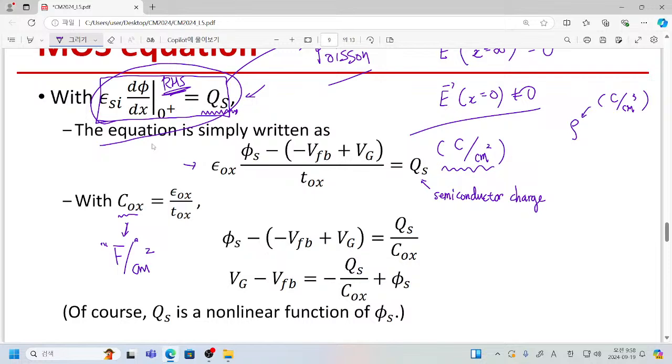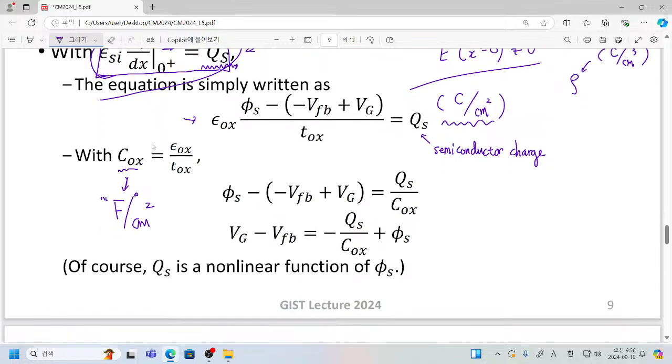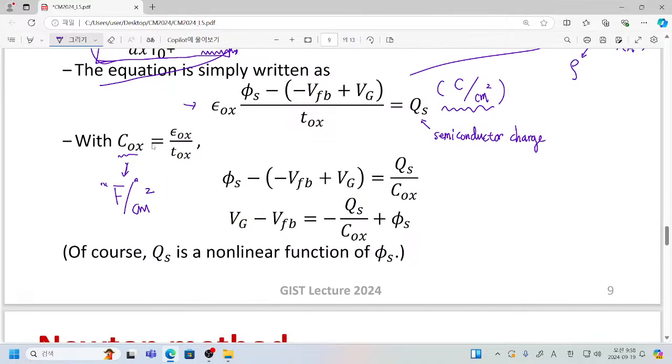By using this areal capacitance, now we can have this final form shown here, and it has its own name. Quite frequently it is called the MOS equation, the equation for our MOS capacitor.